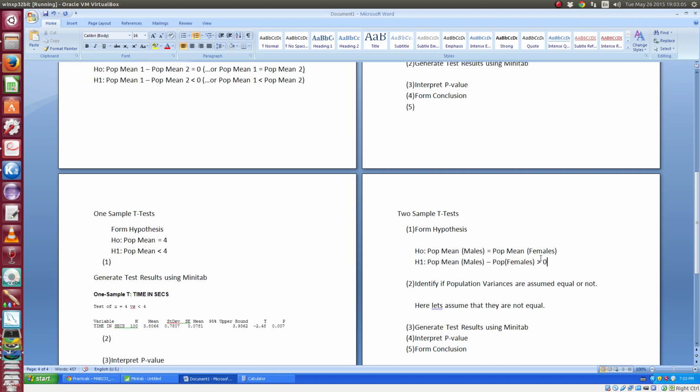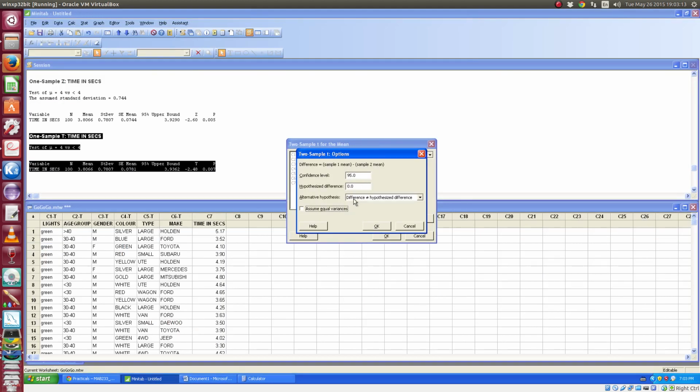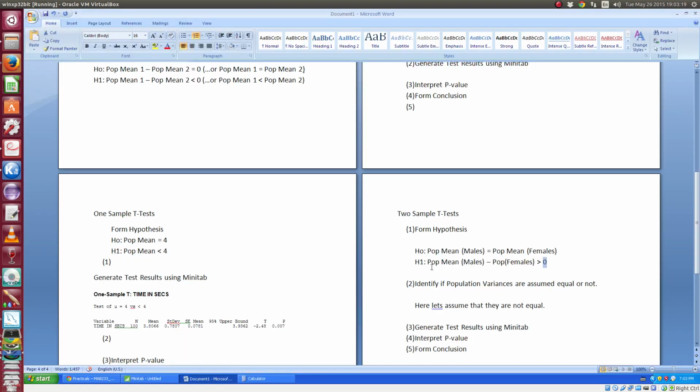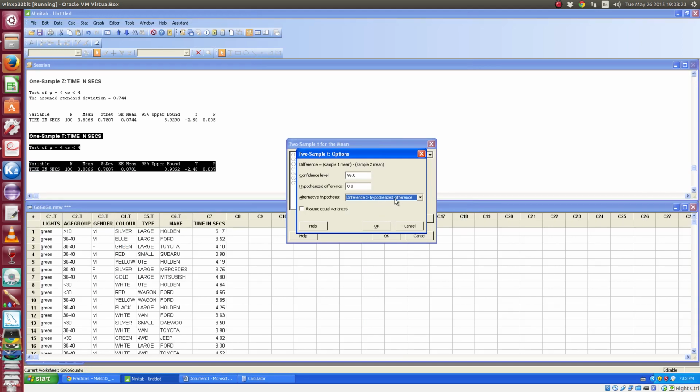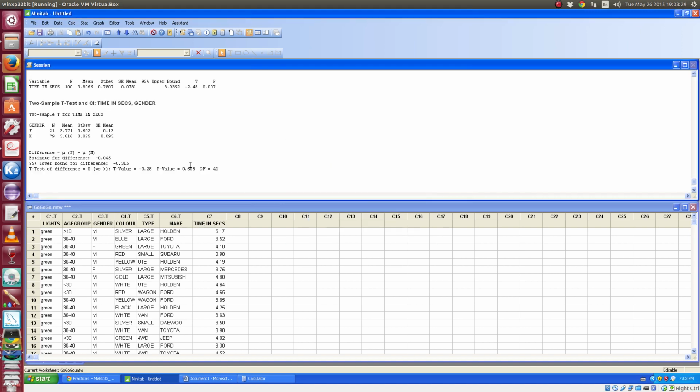So the hypothesized difference is 0, and the difference is assumed to be greater than 0. We're looking at the difference between the two. So remember, the difference between males and females is greater than the hypothesized difference, and we're setting the hypothesized difference to be 0. Click OK. It comes out with all of the values.